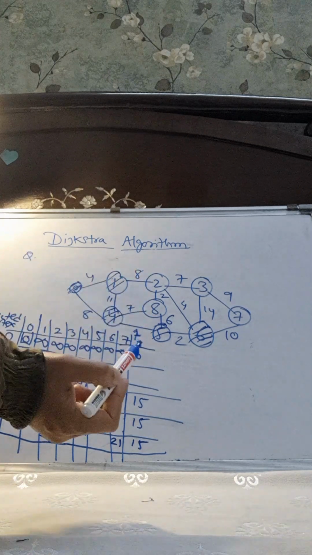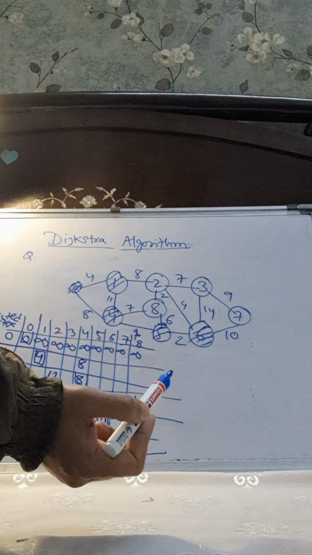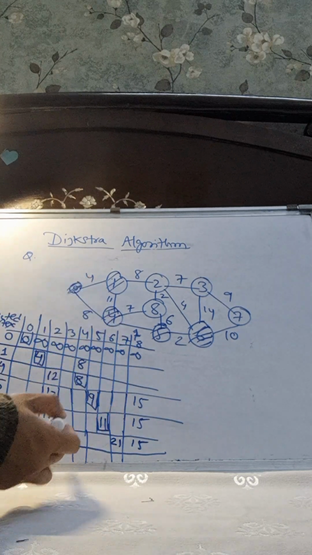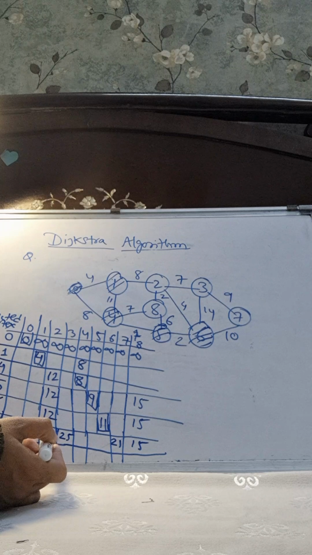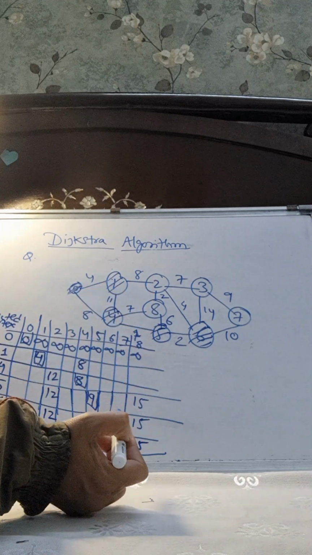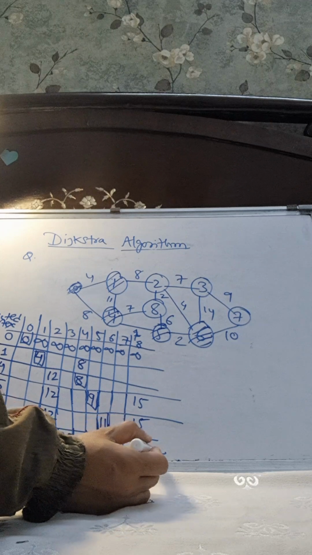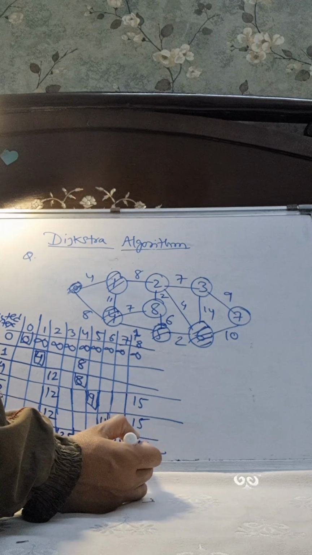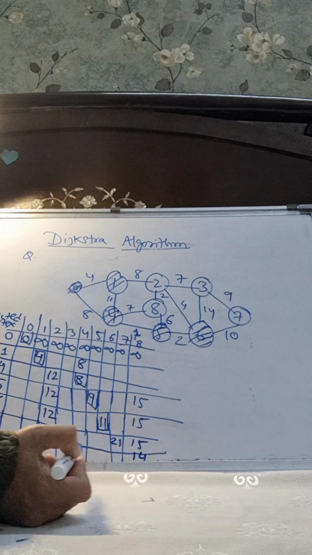We cannot go back to 1, but we can go to 8 because 8 is still not visited. Till 2 we get a cost of 12, and 12 plus 2 is 14. Right now the cost is 15, so we can update it to 14. So this cost will now be 14.